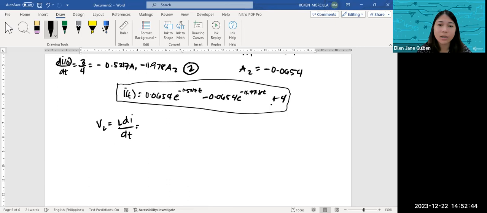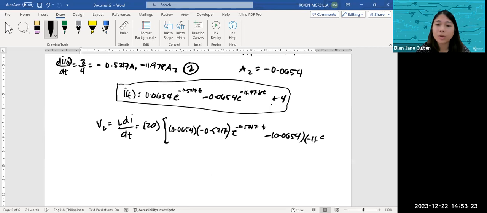Okay, so we will just be deriving this one and multiply it by 20 times the derivative, which is 0.0654 times negative 0.5217 e to the negative 0.5217 t minus 0.0654 times negative 11.978 e to the negative 11.978 t. Derivative of 4 is 0.